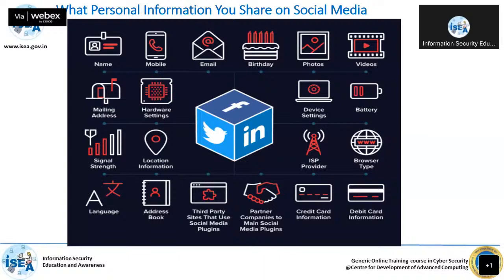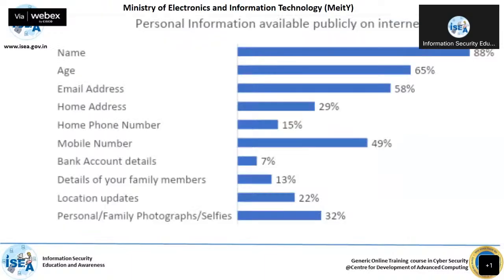Right now, madam also showed Grabify. I will just send some image to you, and I will get all this data, right? So this much information goes out of your hands. Name, more than 89%, age 65%, email address 58%, bank details 7%, mobile number 49%, of the data is in the public domain.